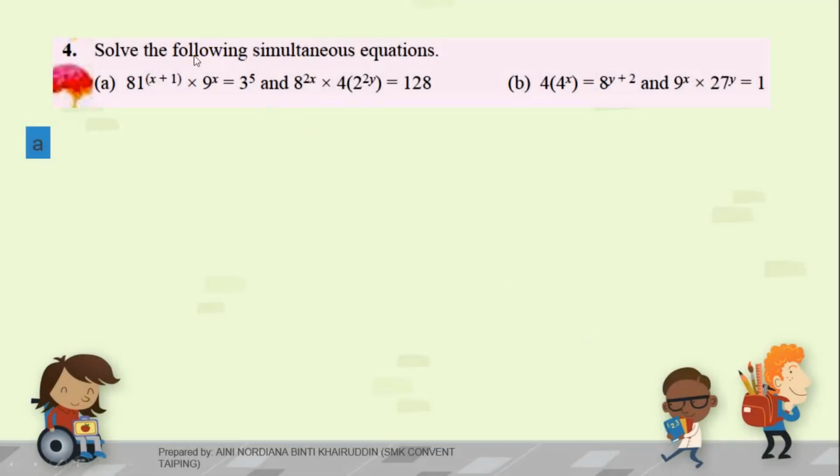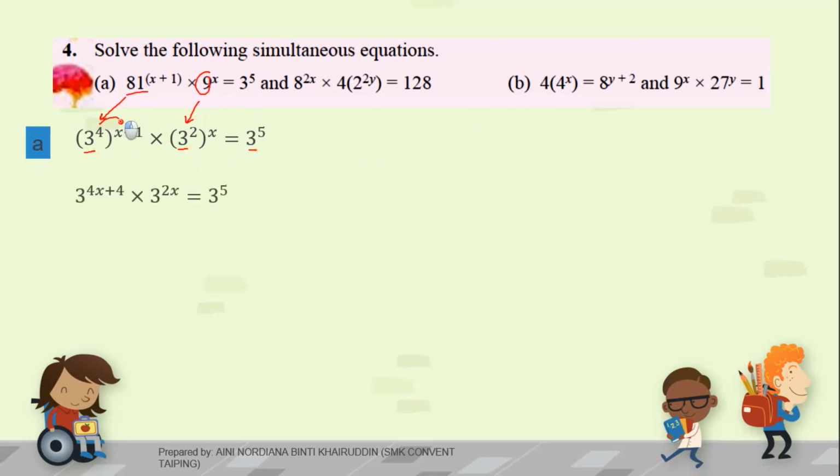Okay, for question number 4, solve the following simultaneous linear equations. So we have two equations here. We solve one by one. For A, 81 here I change to 3 to the power of 4. 9 here change to 3 squared. So that we'll get all the base 3 here, and we expand.